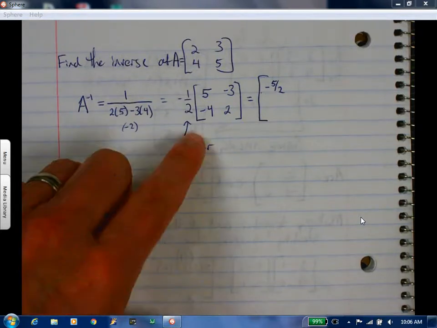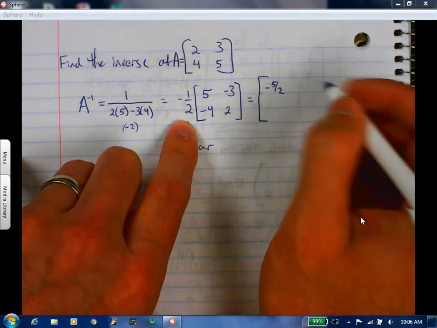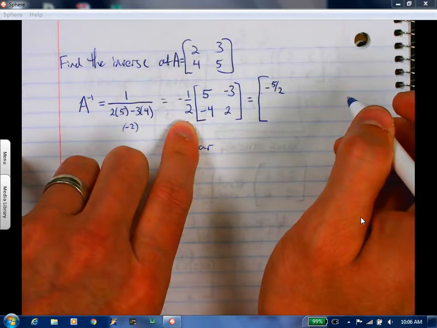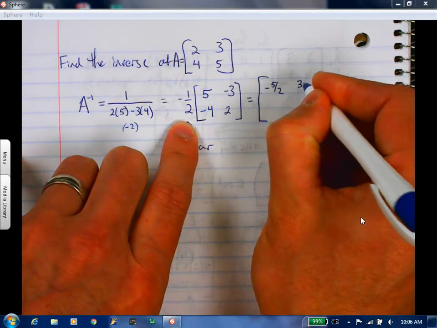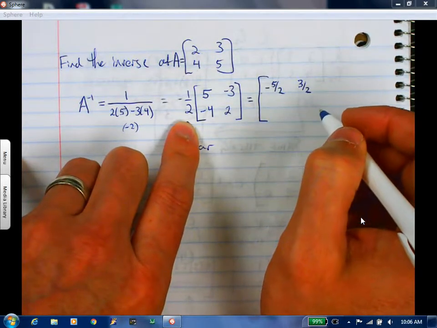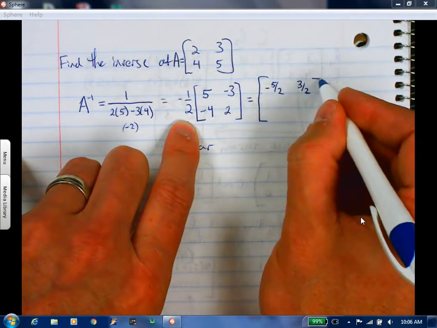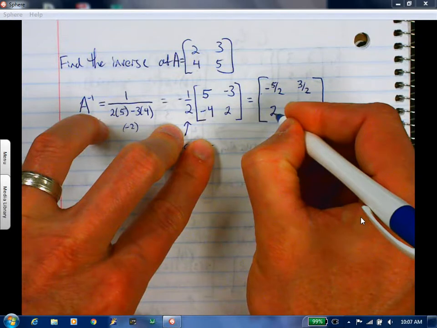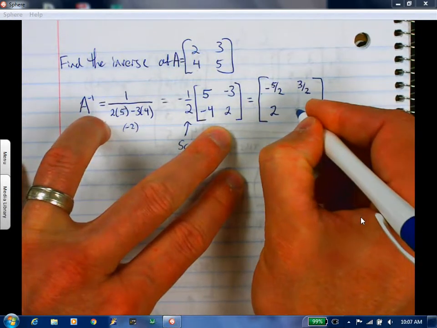Negative 1/2 times negative 3 is 3/2, or 1.5. You could put that, but it'd be positive 3/2. Negative 1/2 times negative 4 is 2. Negative 1/2 times 2 is negative 1.